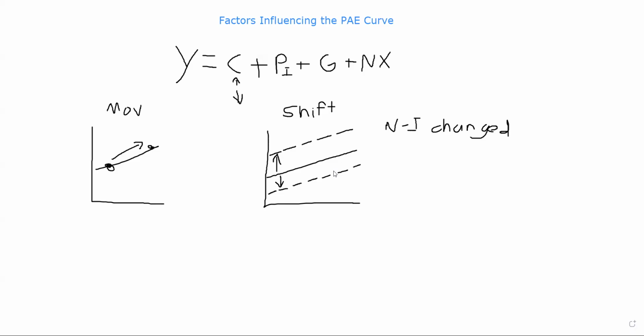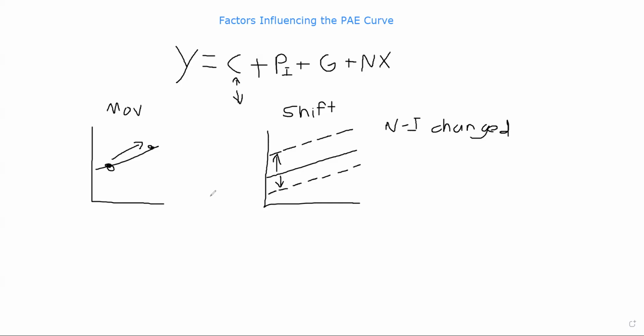If more people like foreign goods, that means we're going to be importing more stuff, which would cause net exports to decrease, causing the PAE to decrease. If there are trade policies, it depends if they favor us or do not favor us. If there's something like, let's say, a tariff going on, that's going to increase us because we're decreasing imports, and we're probably going to be increasing exports and increasing internal things.